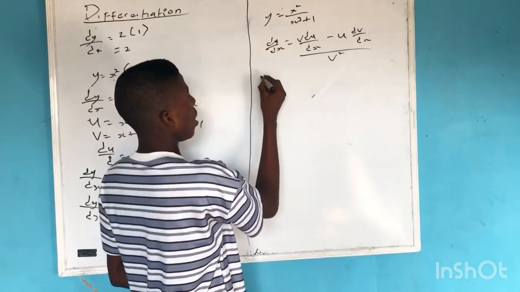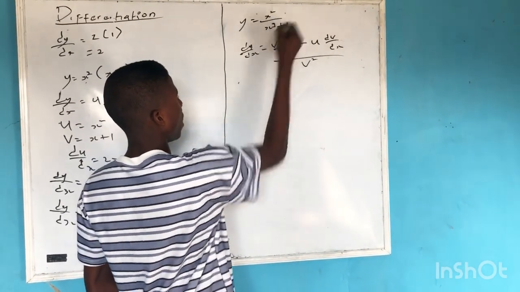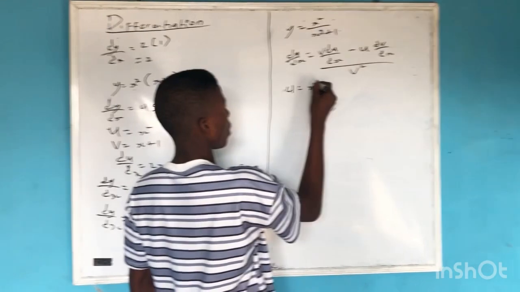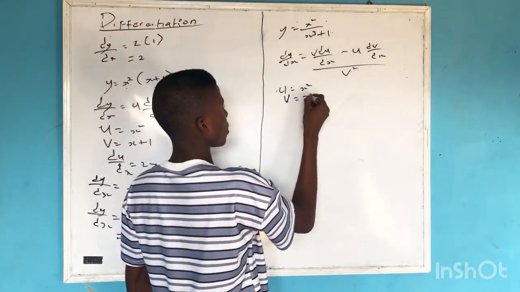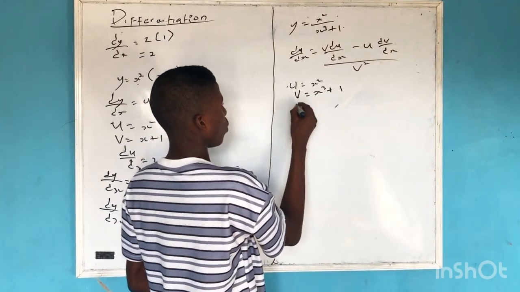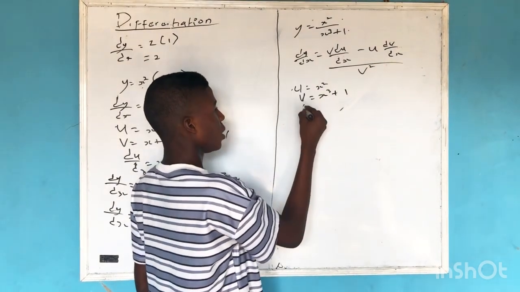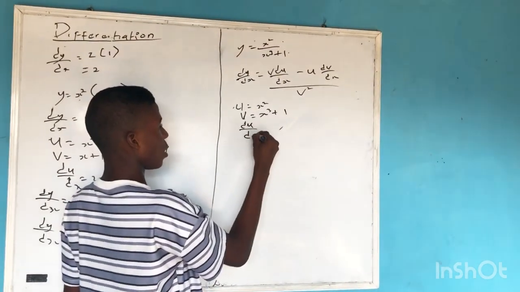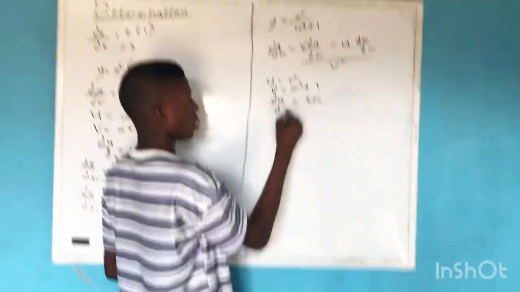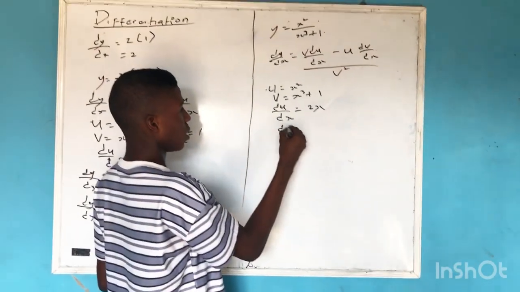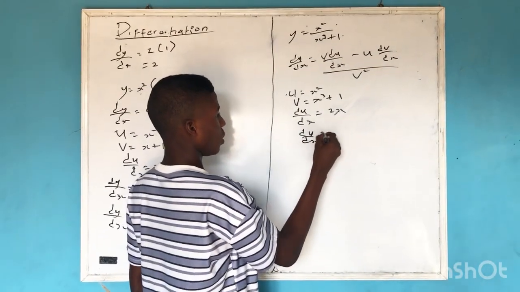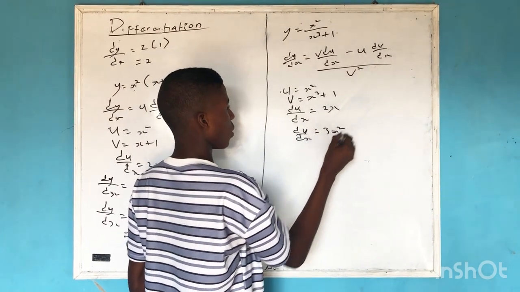So this will be my u and my v. My u should be x squared and my v should be x to the power 3 plus 1. Let me differentiate: du dx is equal to 2x, and dv dx should be 3x squared.